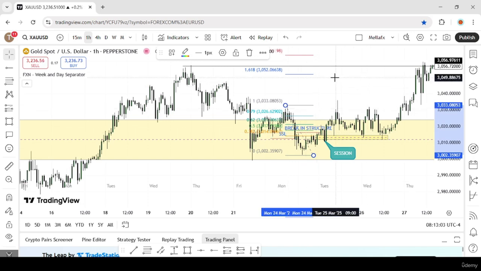We want a measure of it, the same movement from here to here. So however many ticks it may be from this area 1 to 0, you want the same measure upwards, or even twice, or even thrice.